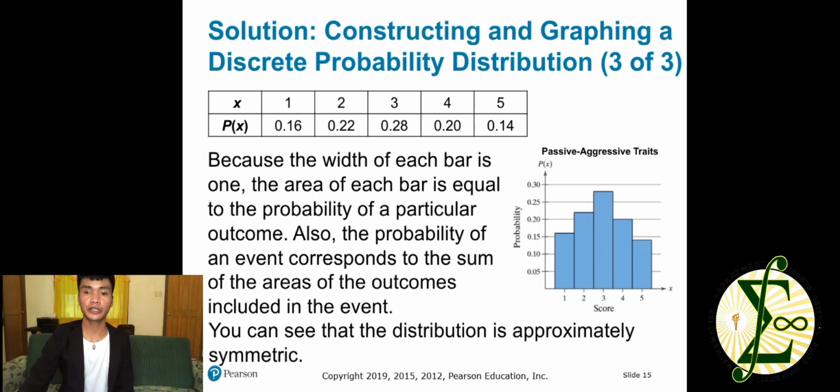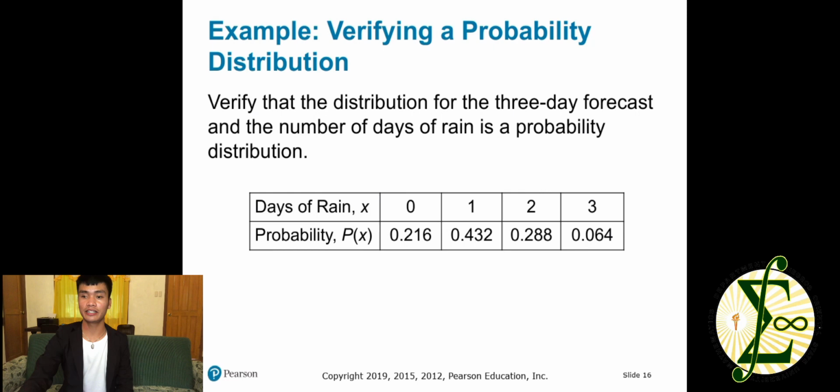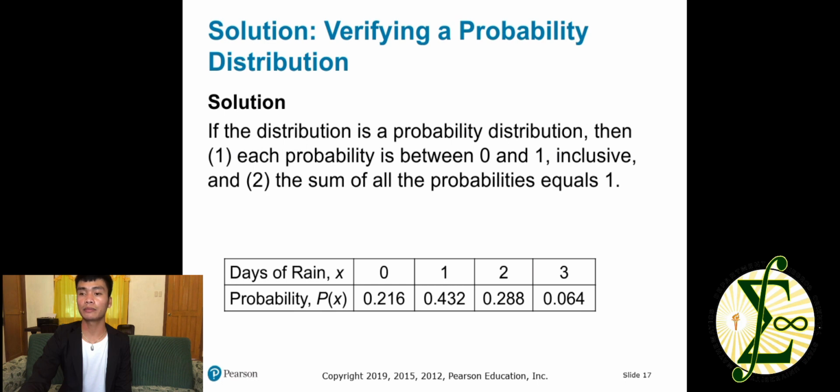As I said earlier, if a distribution is a probability distribution, then it must satisfy the following conditions. First, each probability must be between 0 and 1 inclusive. Second, the sum of all the probabilities equals 1. Let's see if it satisfies the first condition. 0.216, 0.432, 0.288, and 0.064 are between 0 and 1.